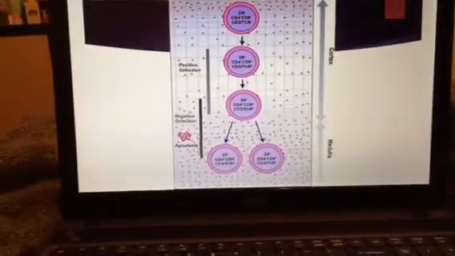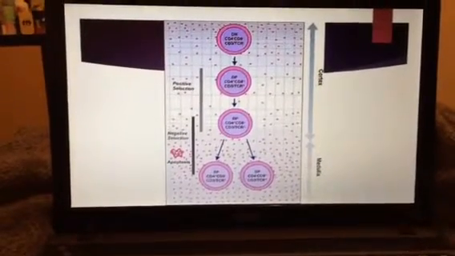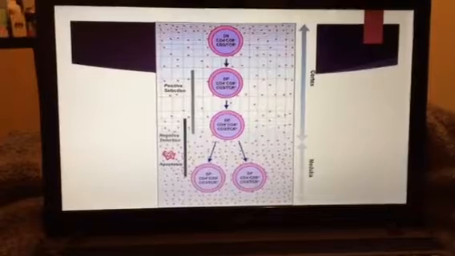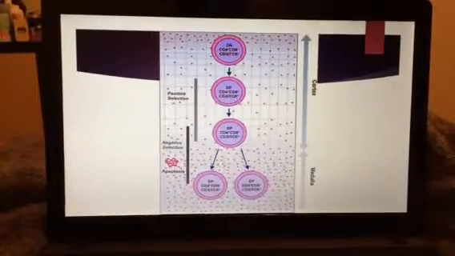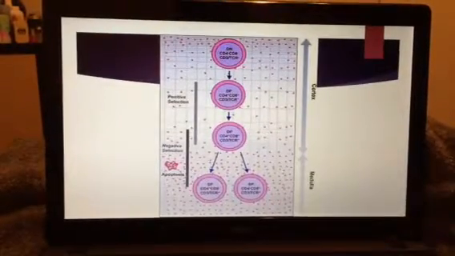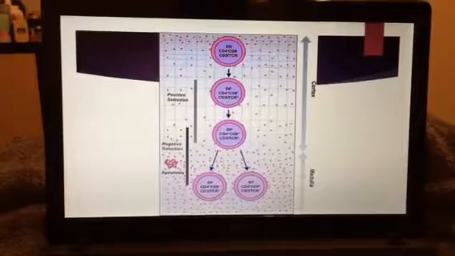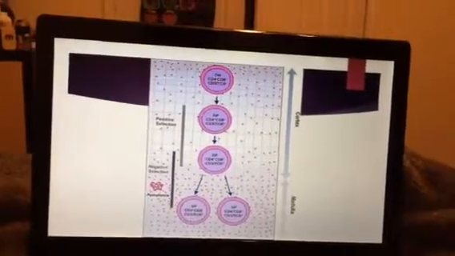The mature T lymphocytes will then emigrate out and enter the bloodstream. Once the CD4 or CD8 cells pass through the cortex and the medulla, they emigrate out and enter the bloodstream.